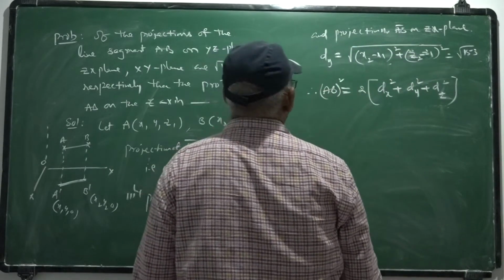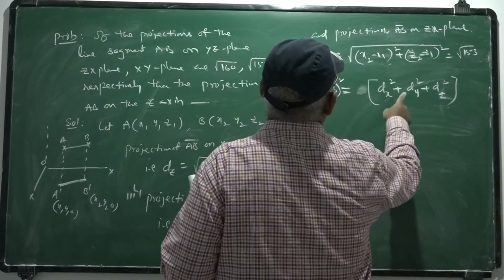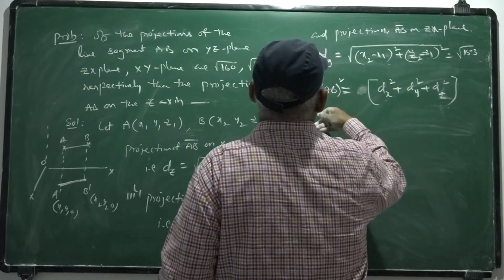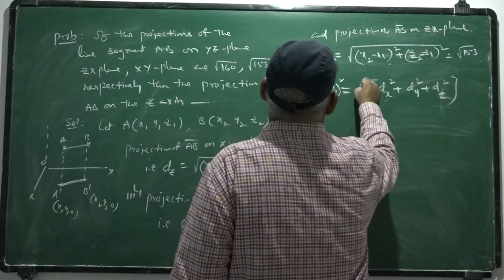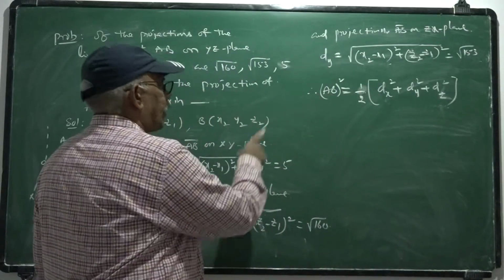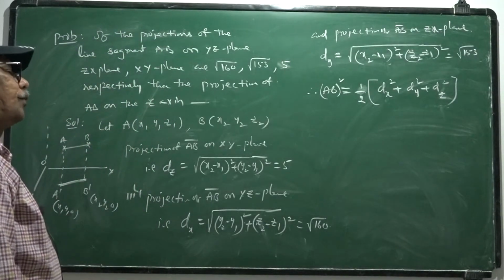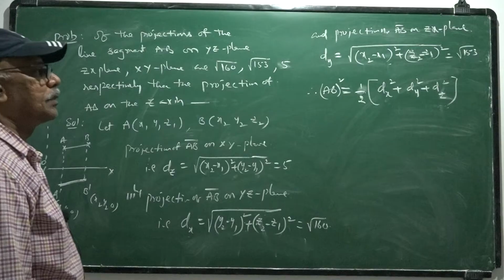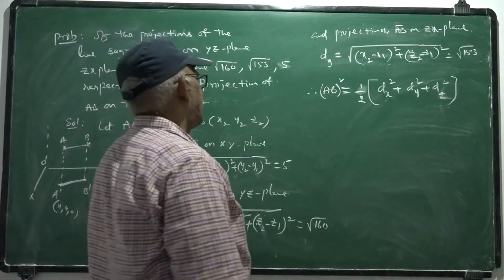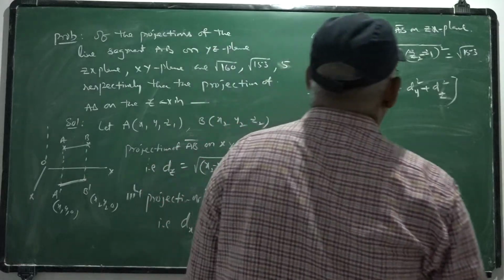The square of the distance is equal to twice that of, this is 1 by 2, because it is repeated twice. Hence to remove 2, 1 by 2 into dx square plus dy square plus dz square gives us AB square.